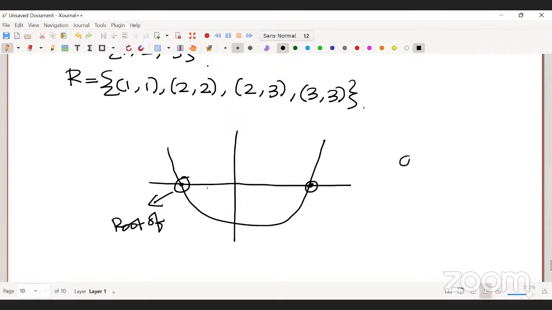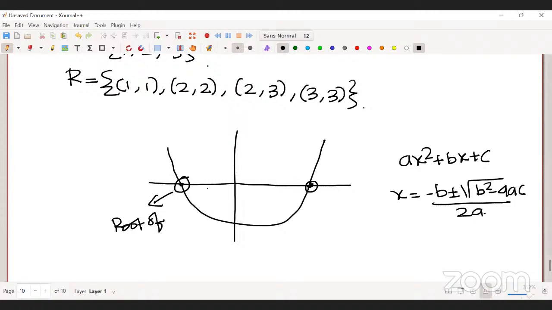For that you need to factorize this, or you can use the formula x equal to minus b plus or minus the square root of b square minus 4ac, by 2a. If you apply this formula, you will get the x-intercepts. Can we use the x-intercepts and root formula, and the factorization simultaneously?